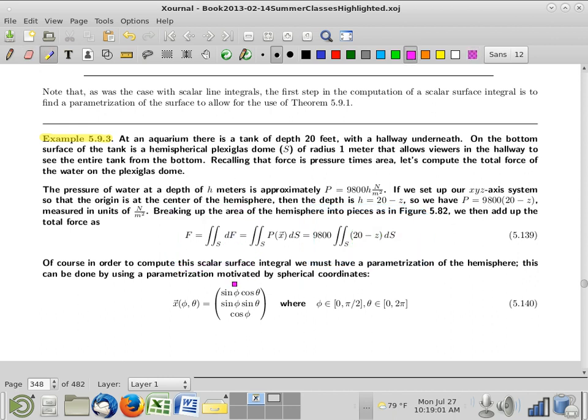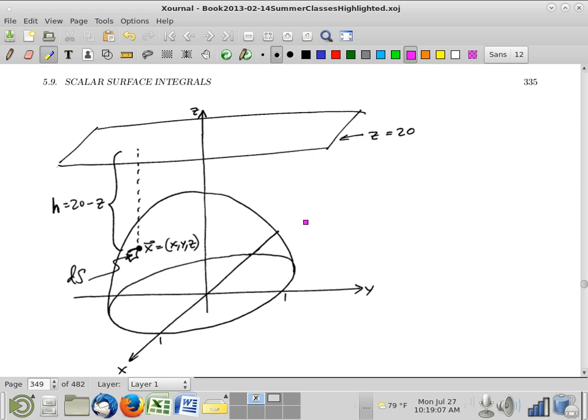So now, in order to compute this double integral, I've got to parametrize. Look back at our object. We need to parametrize that surface. That's a sphere centered at the origin. And that's not that hard to parametrize, right? You can use spherical coordinates in particular.